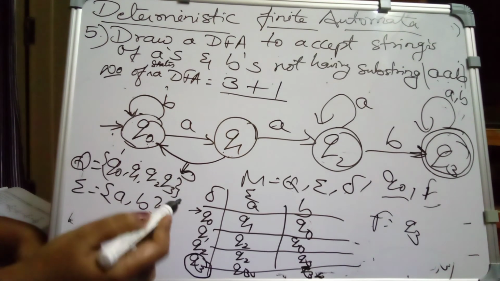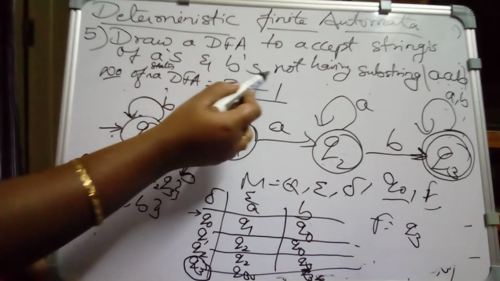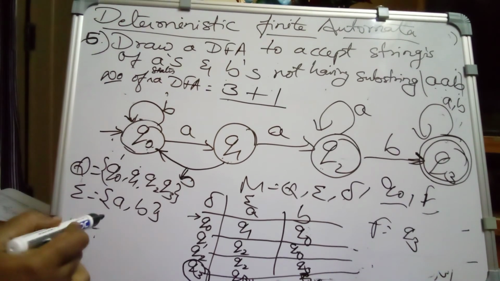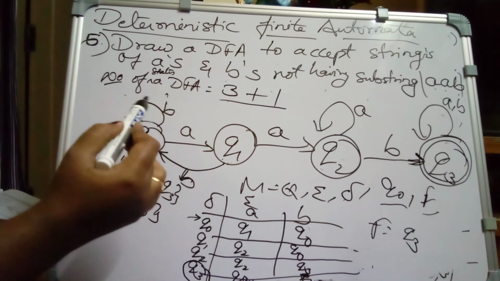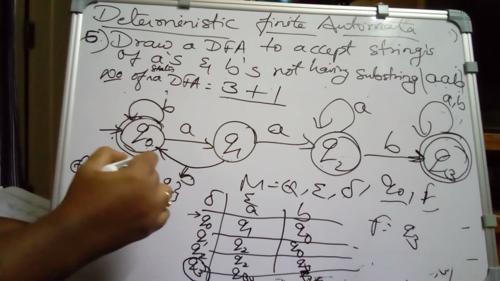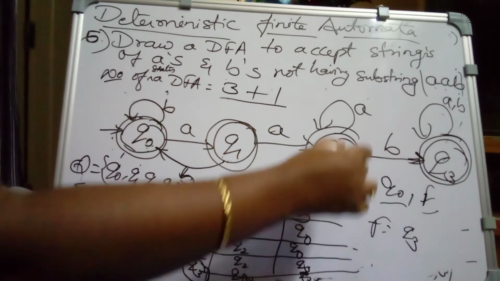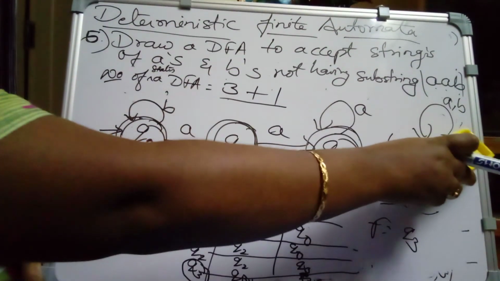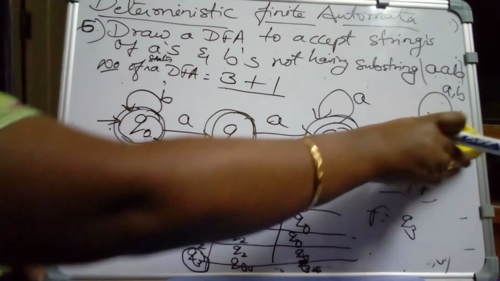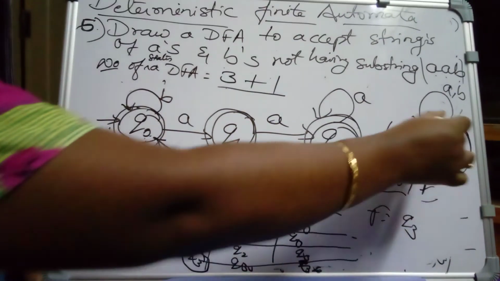Just change the states to accept strings of A's and B's not having substring AAB. That is the sixth problem here. So you have to change final to non-final and non-final to final states. So here Q0, Q1 and Q2 will become the final states, and Q3 is not our final state. So now you make Q3 an intermediate state like the other states.